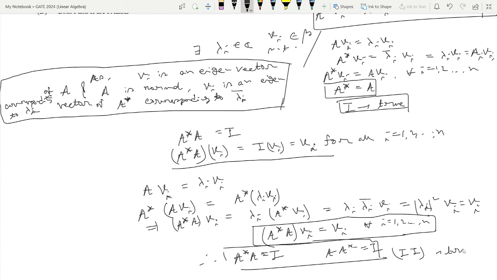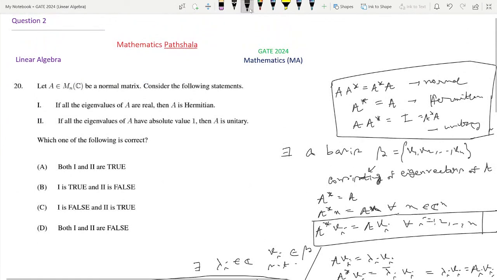Now look at the options. Which one of the following is correct? Option A says that both 1 and 2 are true. We just proved that 1 and 2 are both true statements, so option A is the correct option.